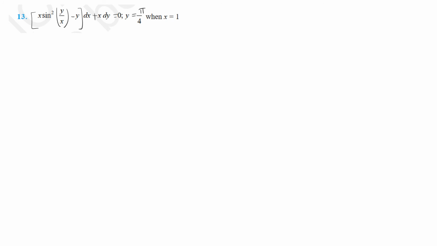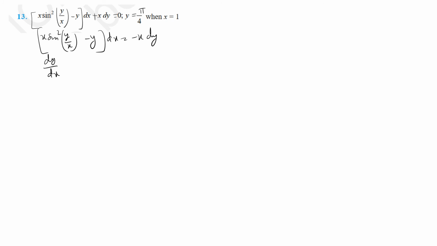Let us check it out. Now clearly you can see that if I express it in this particular form, it is equal to minus x dy. Since y upon x is involved, I should make it in the form of dy upon dx.